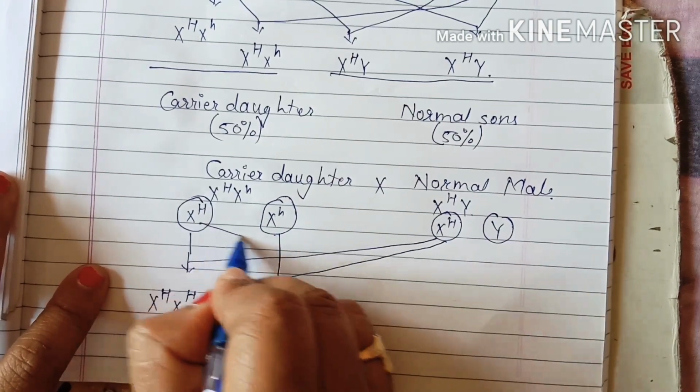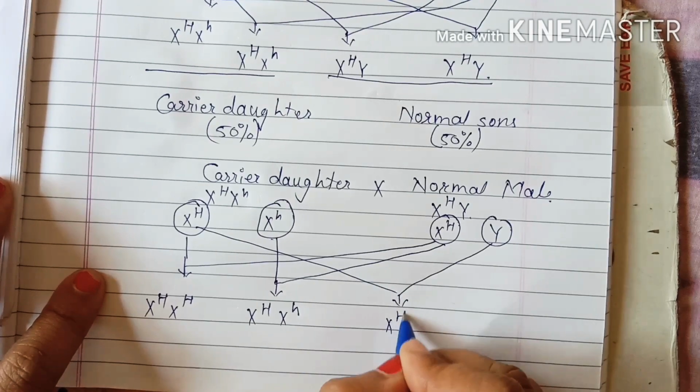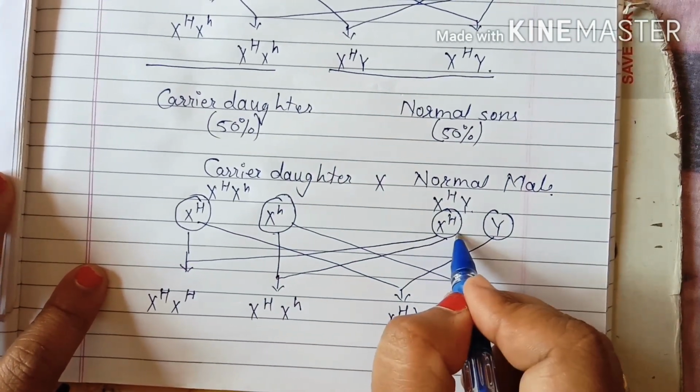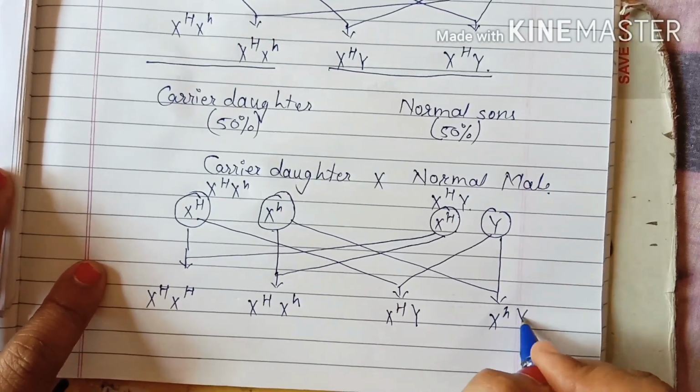X capital H crossed with Y gives X capital H, Y, and X small h crossed with Y gives X small h, Y.